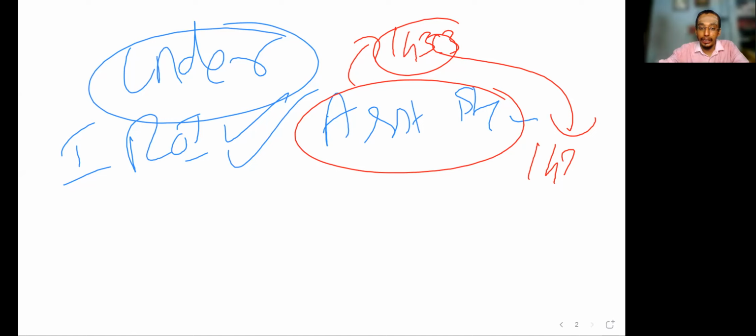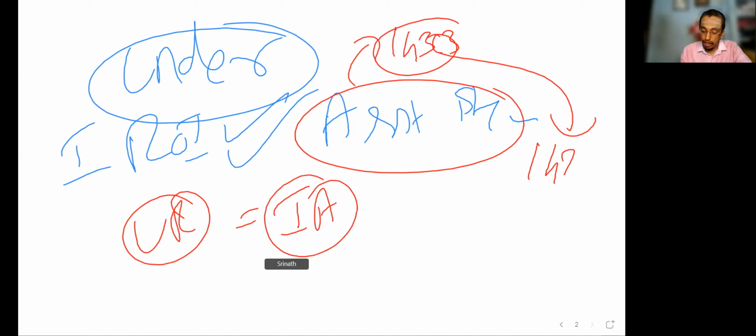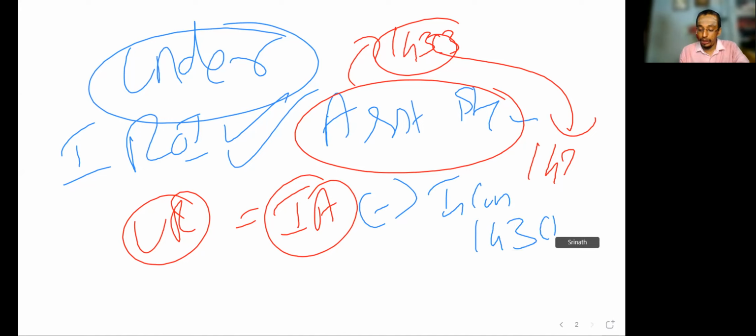In that case, underreporting of income will be equal to income assessed minus the income determined as per section 143(1). This would be considered as underreporting of income.